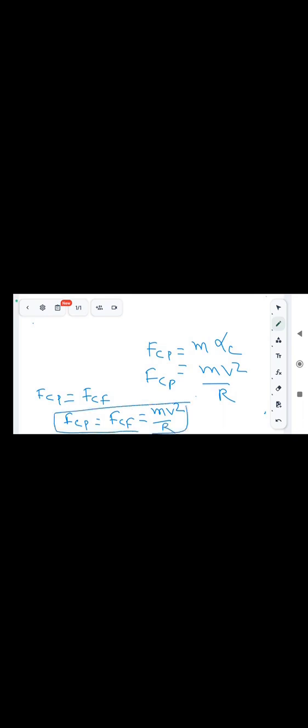We know that FCP equal to FCF, since the centrifugal force FCF balances the centripetal force FCP, and therefore we have FCP equal to FCF equal to mv square upon r. This is the answer.